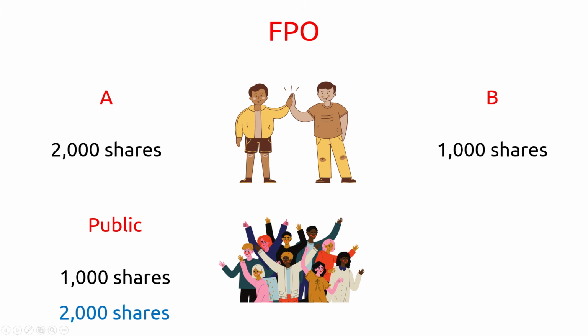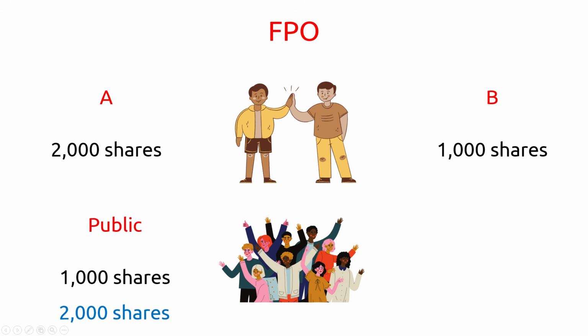When a company issues shares through an FPO, it is creating brand new shares and selling them. The money raised from this sale goes directly to the company.